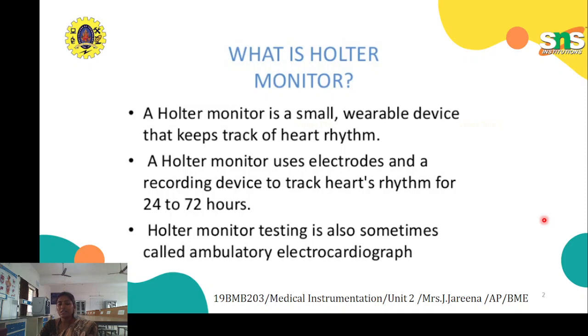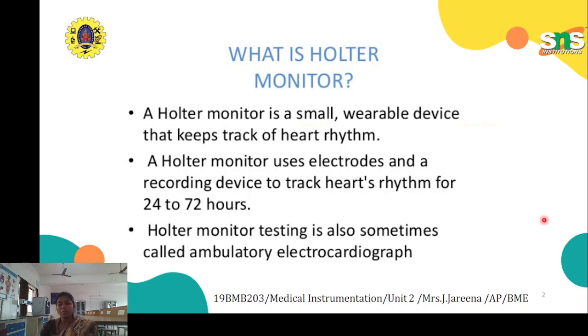It is a small, compact device, so it can be easily carried without disturbing daily activities and routines. Heart rate is monitored by electrodes placed over the skin of the chest, and the data is stored in the storage. We can also have analyzers later.